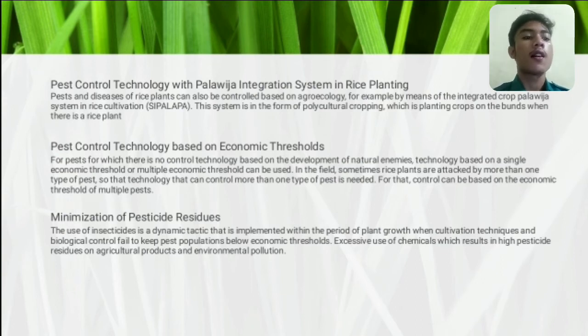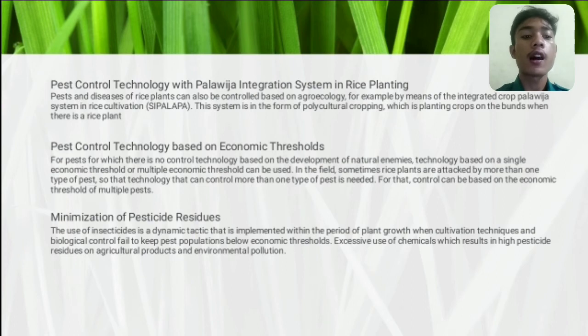In the field, sometimes rice plants are attacked by more than one type of pest. So, the technology that can control more than one type of pest is needed. For that, control can be based on the economic threshold of multiple pests.